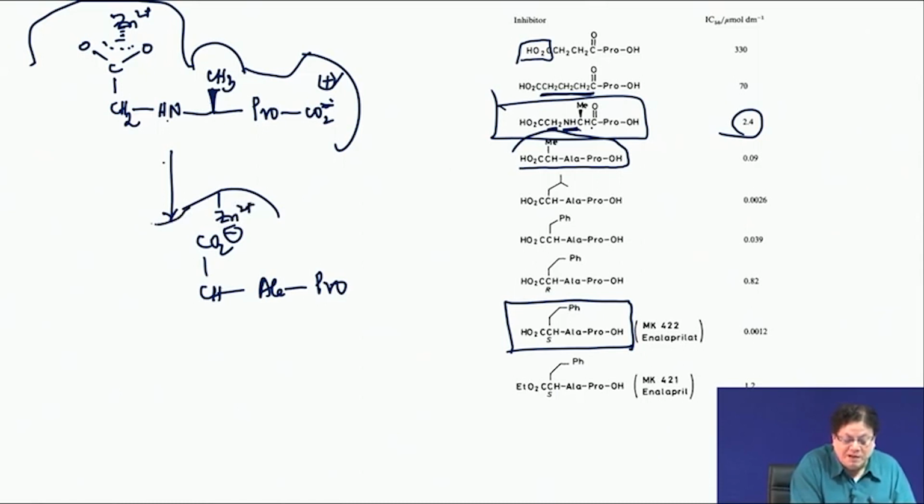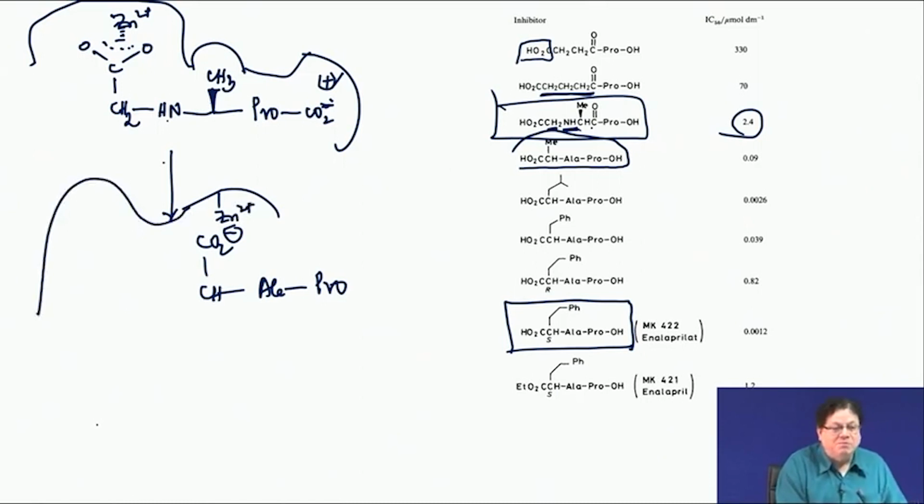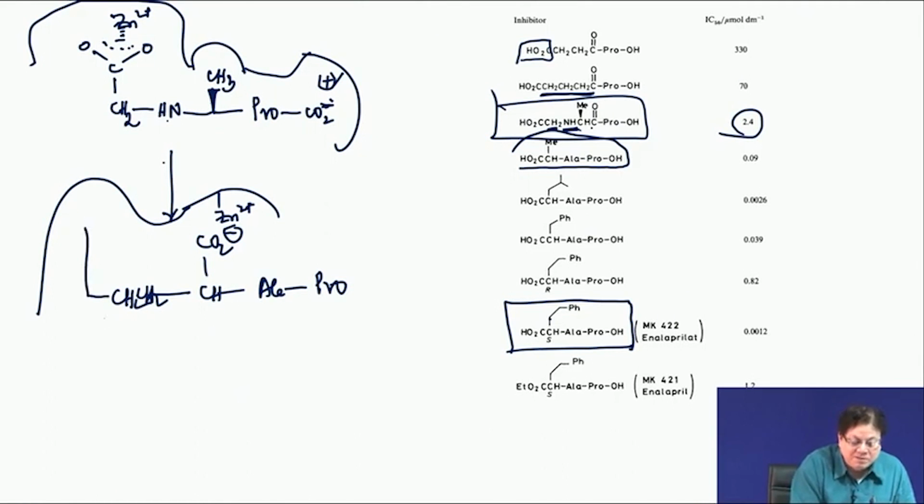Now you know that here there is a pocket for the aromatic compound. So, now they put a CH2 Ph, because they had to monitor how many carbons are required to get into the phenyl: two CH2s, and then there is a Ph.